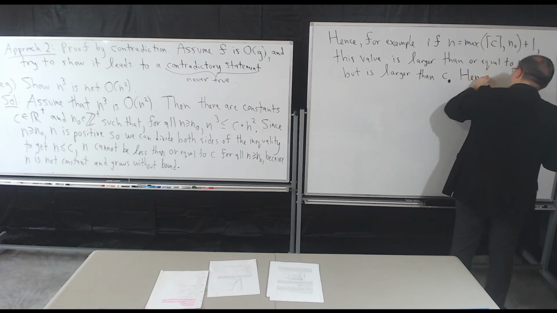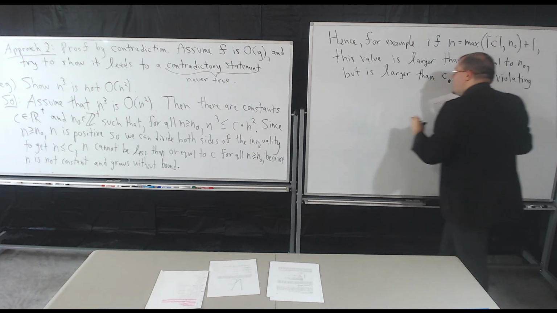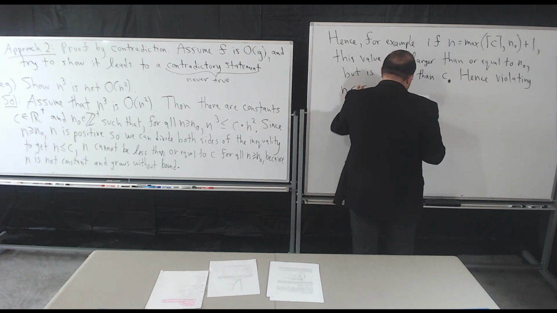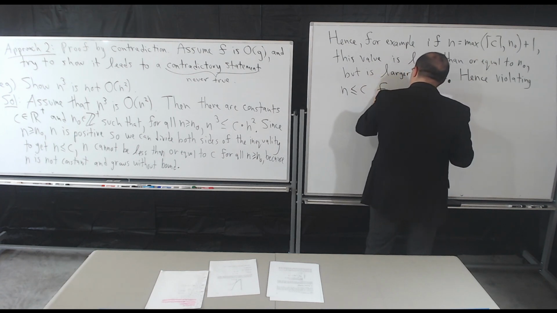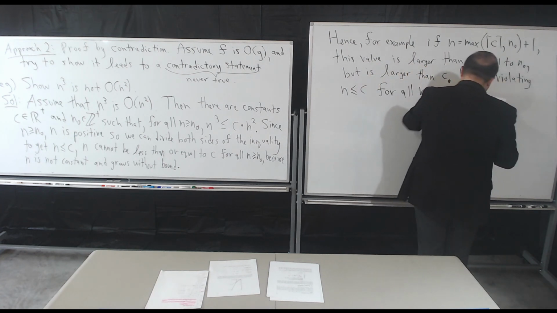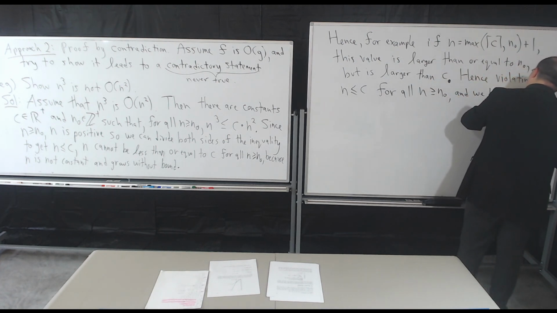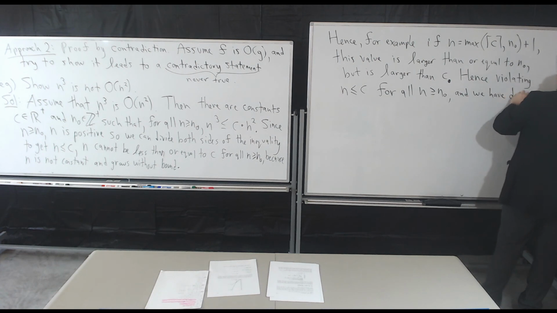Hence, violating n is less or equal to c for all n greater or equal to n0, and we have derived a contradiction.